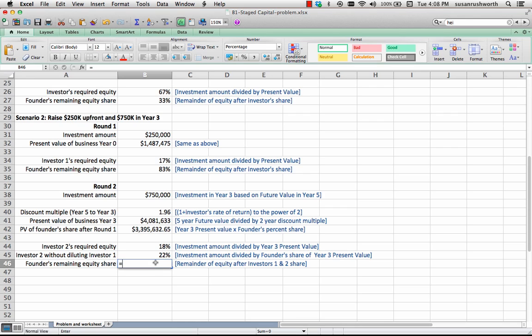Well, they started with 100%, 17% was sold to investor 1, and a further 22% to investor 2. That leaves the founder with 61% of the value of the business, which is an awful lot better than the 33% he would have had, or she would have had, had they raised the entire 1 million up front.